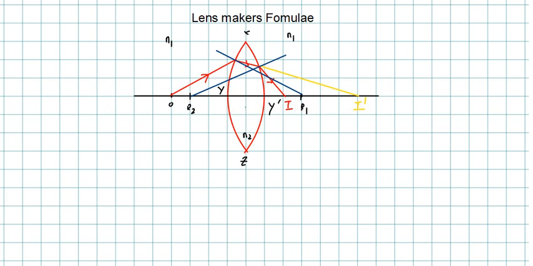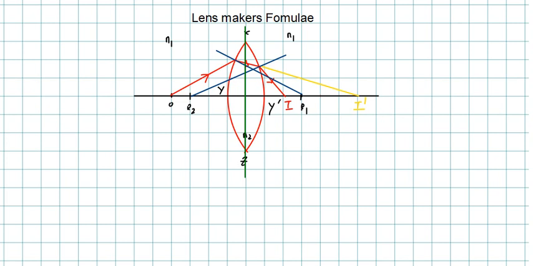Okay, so let us establish the relation now. Let us define the different distances. All the distances will be measured from the center of the lens, as the lens is very thin, so we can do that.